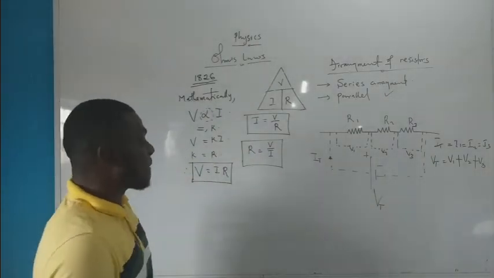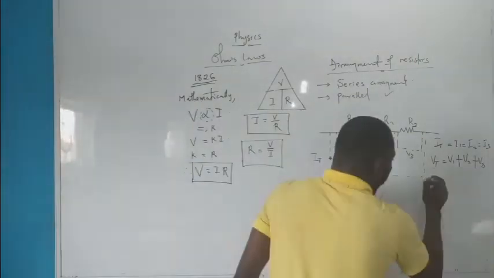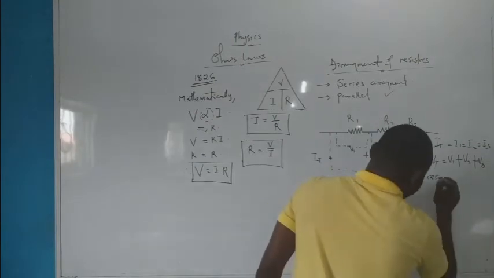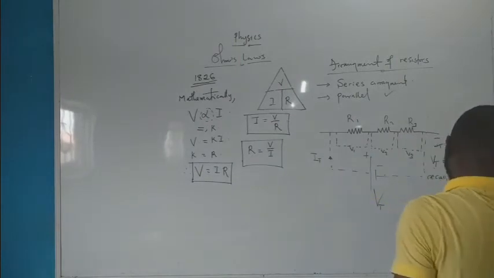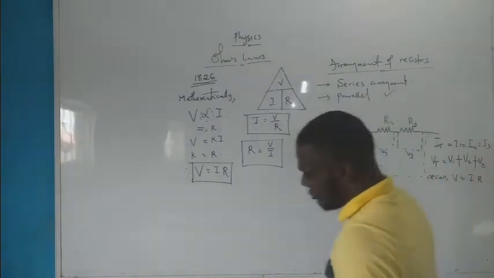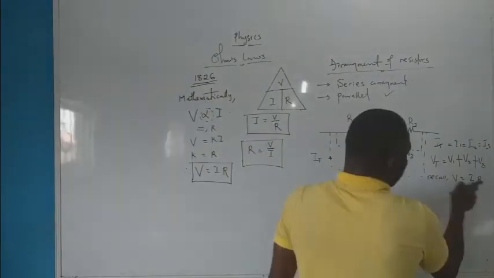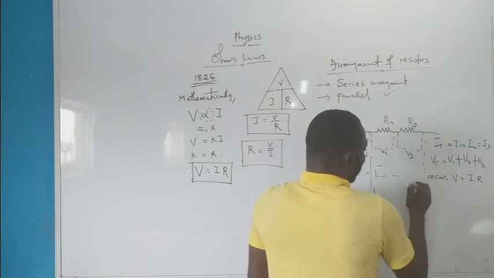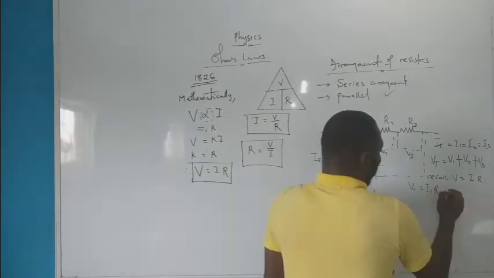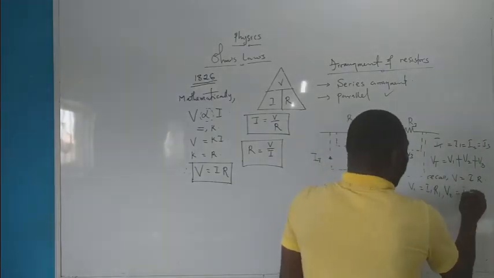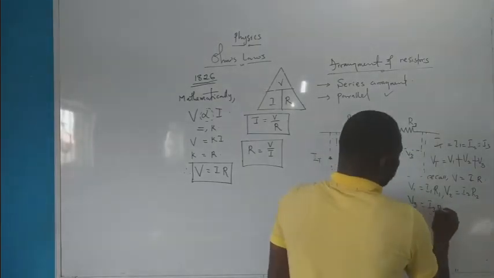So what is V total? Recall from Ohm's Law that V equals I R. So V1 gives us I1 R1, V2 gives I2 R2, and V3 gives I3 R3.